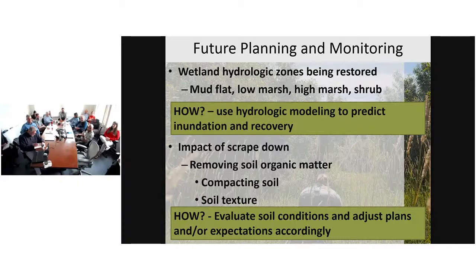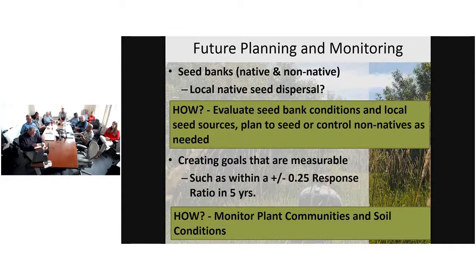Part of that is just you need the soil to recover from the removal of essentially all the topsoil. So it might be good to think about that when you're evaluating and adjusting your expectations for how fast native plant communities are going to return to a site post-restoration.